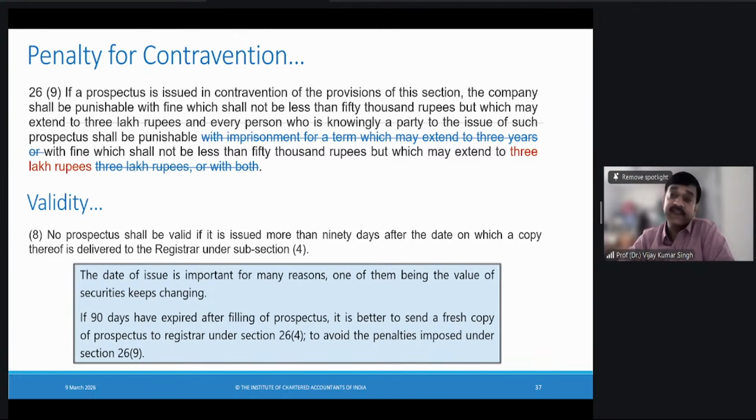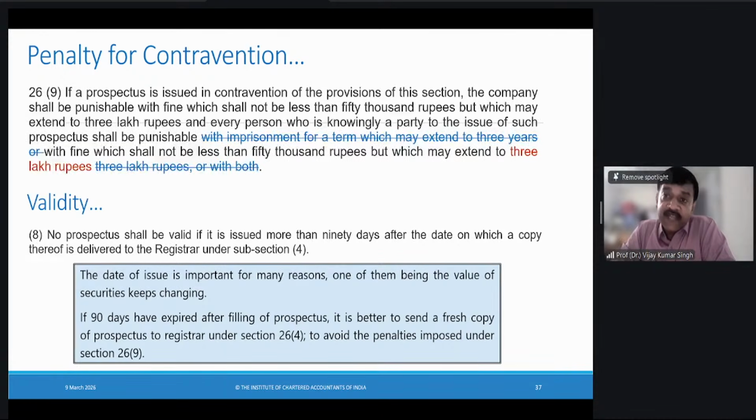Secondly, you can see there is a decriminalization of offenses. So this offense is no more a criminal offense. Okay. So if anybody does a contravention of the provisions of the section mentioned in 26, it is not a criminal offense. So I say, for example, if someone misses to give the information, there is a civil penalty, but not a criminal offense.